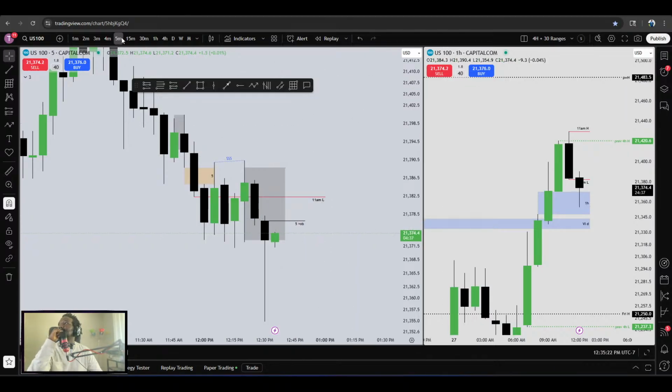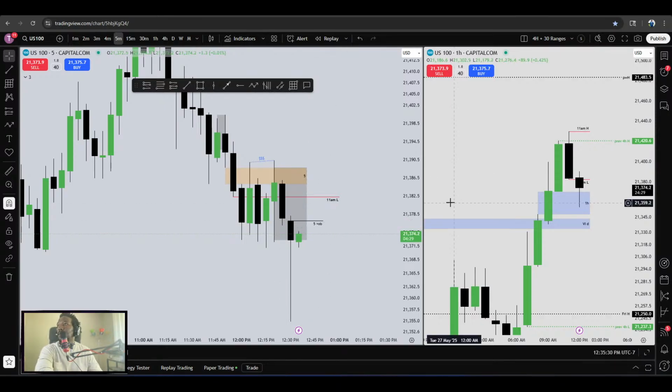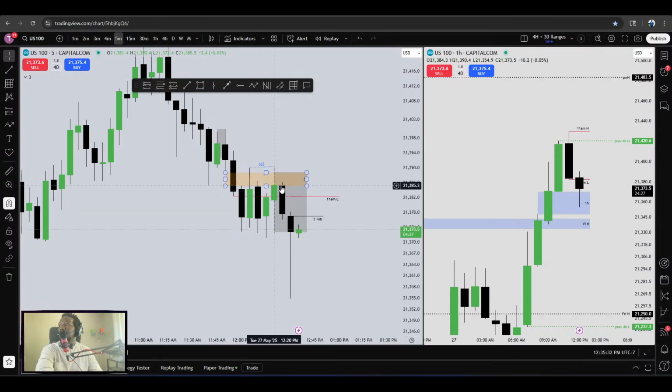We still have this 5 minute here, which has kept the bodies below. So whoever was using that to take shots, congratulations, because I'm sure there's a lot of people who are taking shots from that 5 minute fair value gap. I was betting on it to be reversed to act as an inverted.